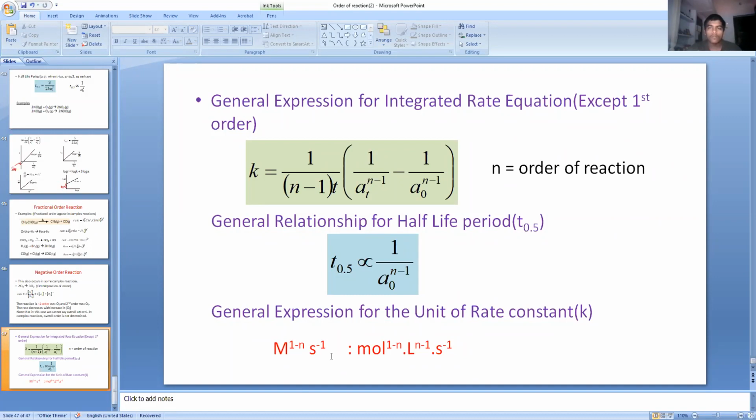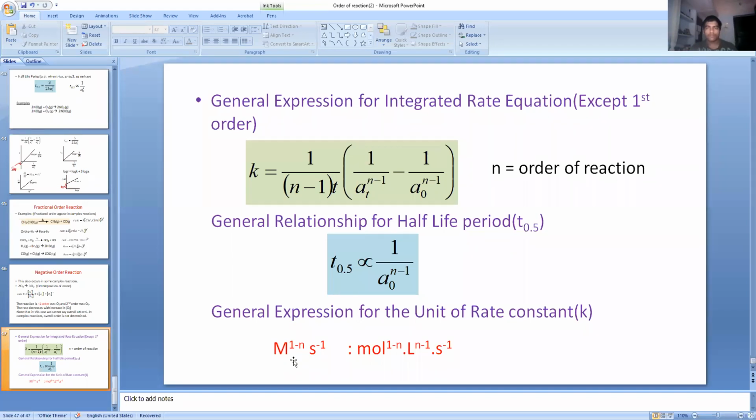And the general expression for the rate constant is molarity to the power 1 minus n into second inverse. So once you know this, if it is a first order reaction, then the molarity term will vanish, only second inverse. If it is a second order reaction, then it will be molarity inverse, second inverse. If it is third order, molarity to the power minus 2, second inverse.